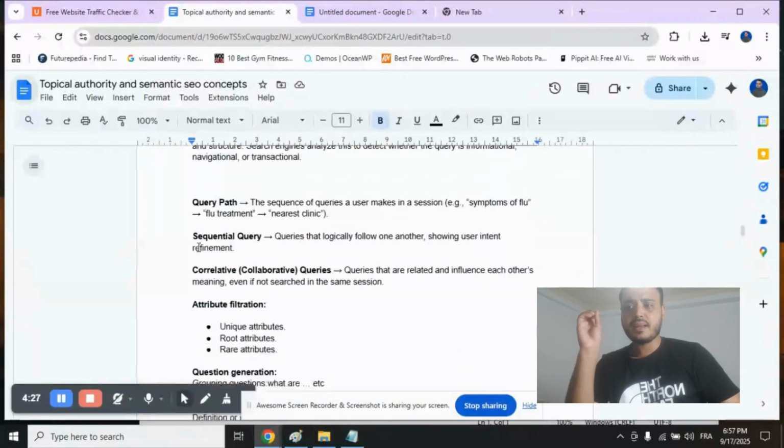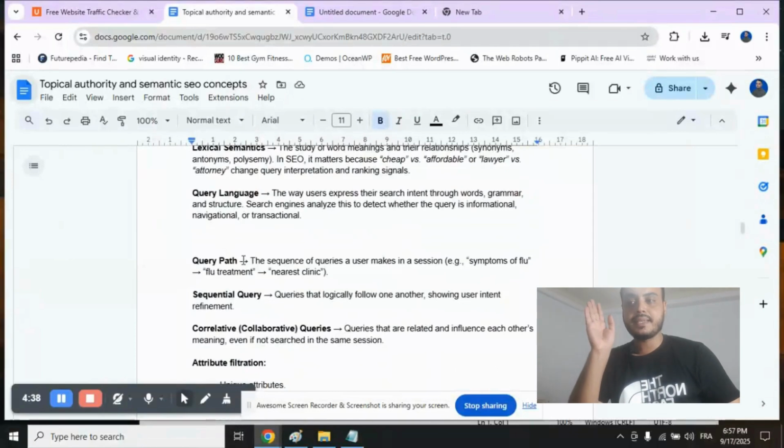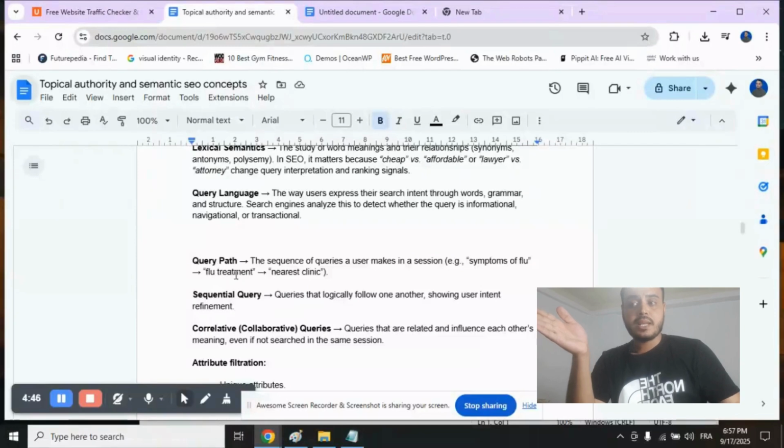There is query path, sequential queries, and correlative queries. Guys, these concepts are types of semantic queries. The query path is, imagine that you have a sequence of queries, for example, symptoms of flu, treatment and nearest clinic.